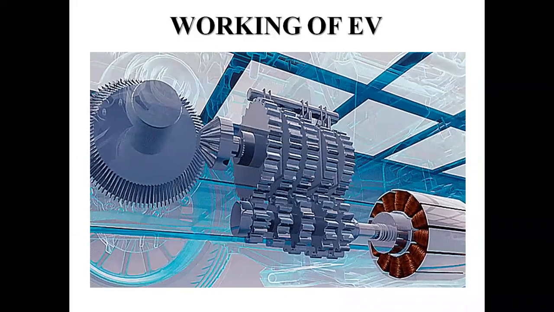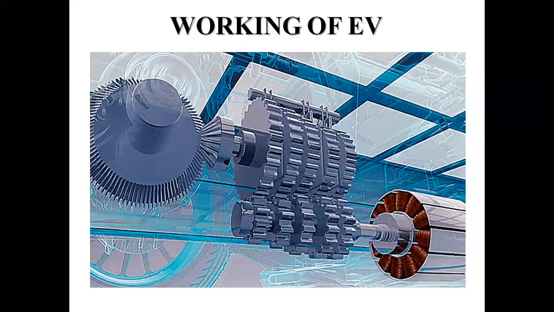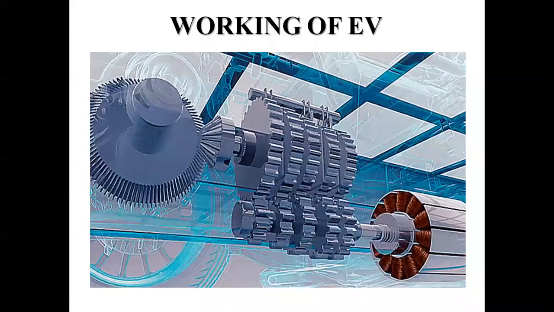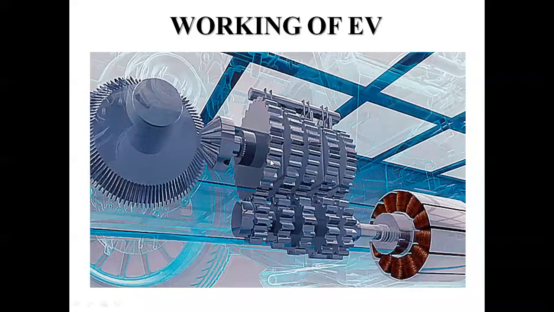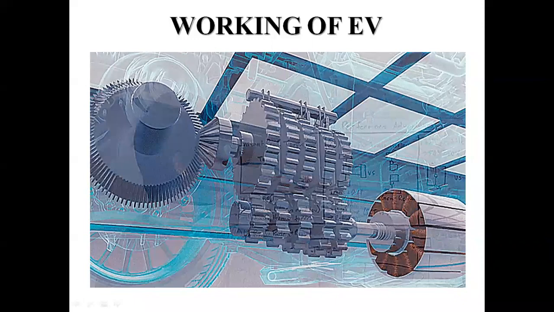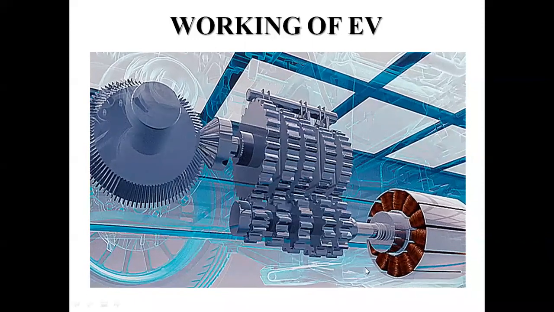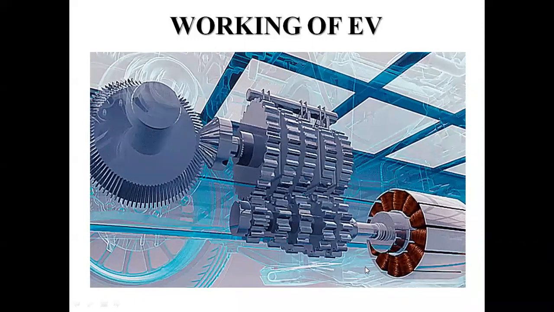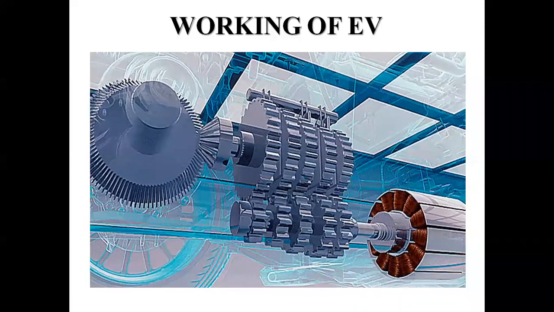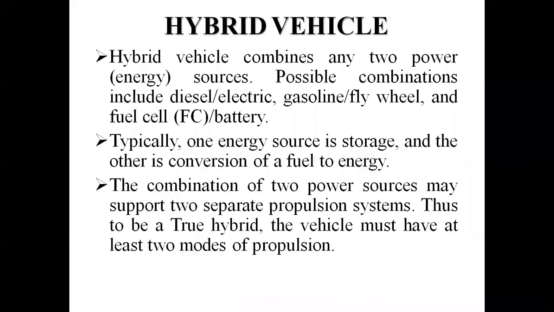Moreover, at the time of turning, both wheels run at different velocities, and the control of velocity is also done with the help of these gears, arranged in a specific manner so that the velocity may be increased or decreased depending upon your situation.